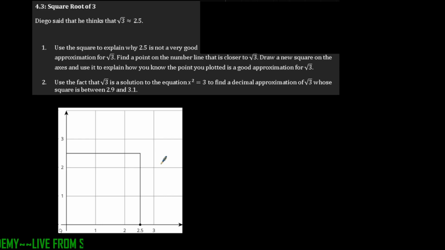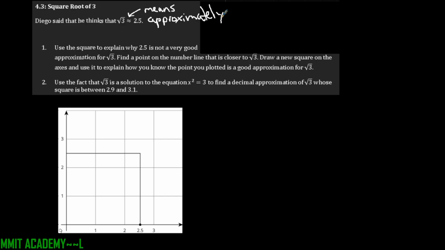It says Diego said that he thinks the square root of 3 is approximately, and again, that symbol means approximately, 2.5. Then the first part says use the square to explain why 2.5 is not a very good approximation for the square root of 3.